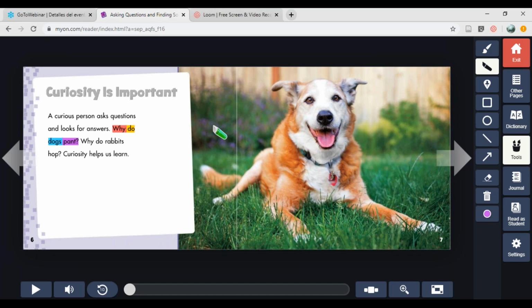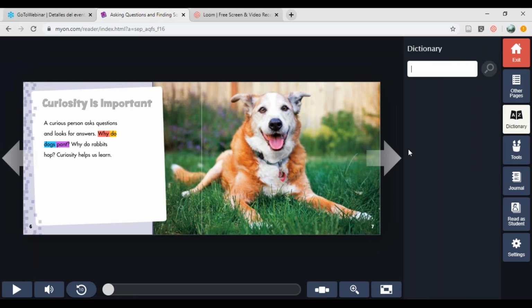Or another option is to include in the task an assignment where they have to look up the words that they don't understand by using their Myon dictionary. That's another option as well, okay? So in this case, we are going to see how to implement the project.